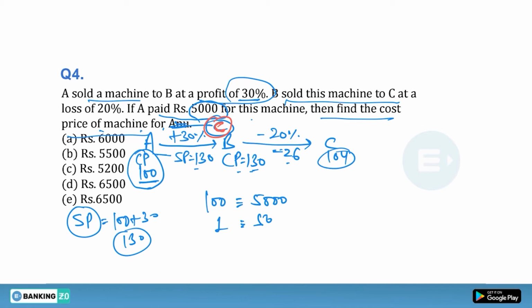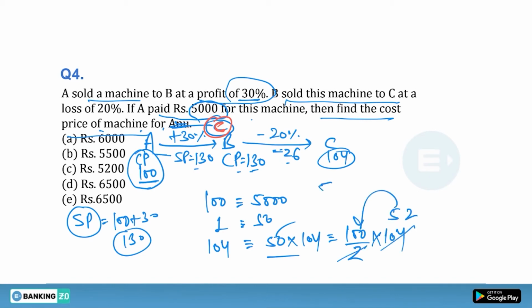So we need to find the value of 104, which will be 50 multiplied by 104. For any value, if you need to multiply that value with 50, what you do is write 50 as 100 divided by 2, multiplied by 104. This will be 52. That means 5200 will be your right answer, guys. C will be your right answer.